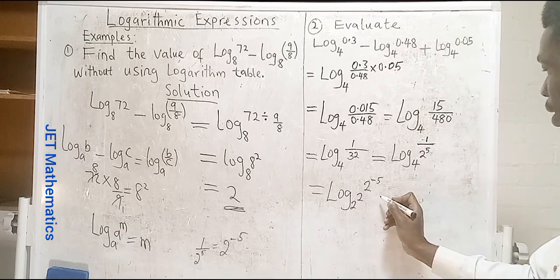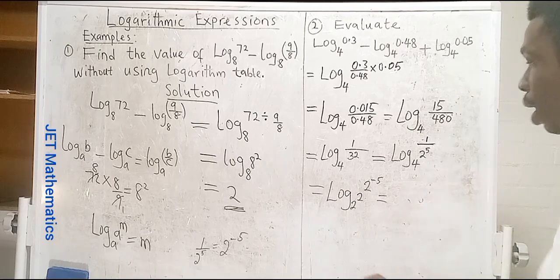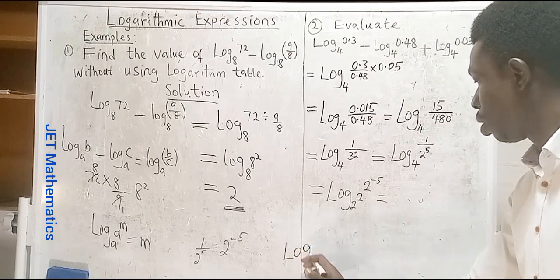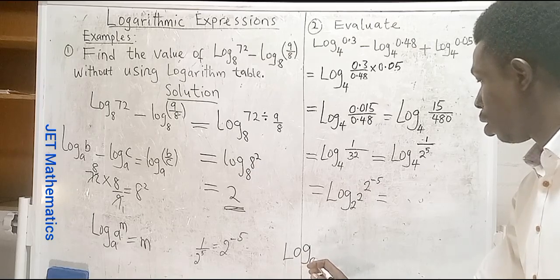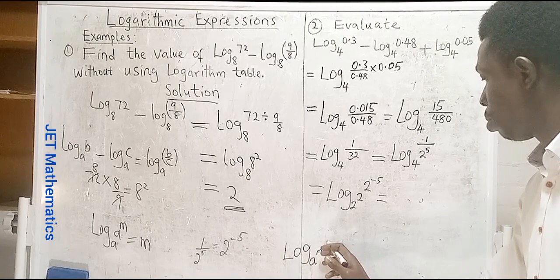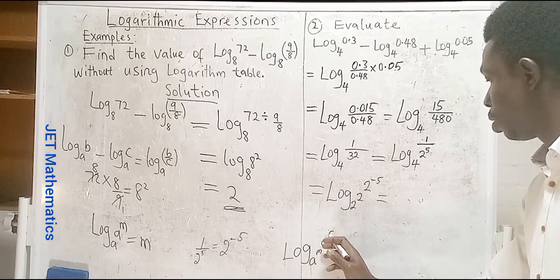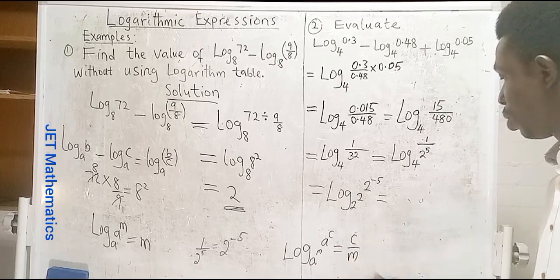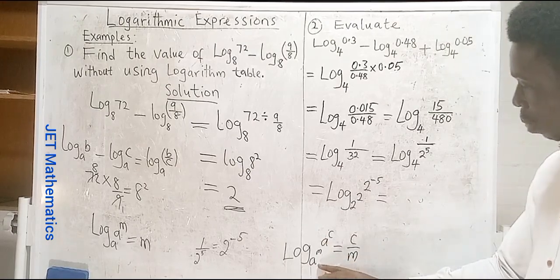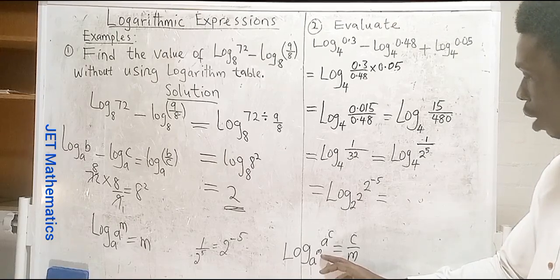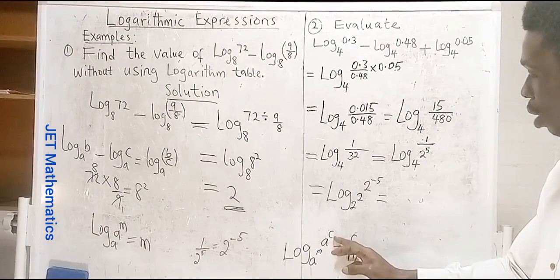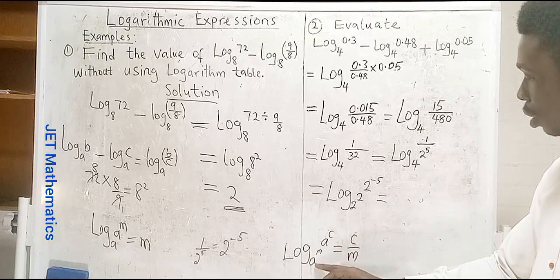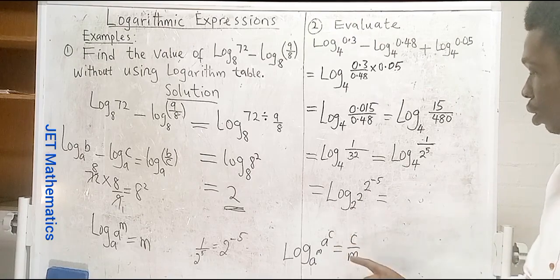Okay, then finally this gives us, applying the law, I showed you this law in our laws of logarithm, log A^M of A^C is equal to C over M. Okay, so if you have the base raised to a power and then the logarithm also raised to a power, and these two bases are equal, then your result can be written like this.